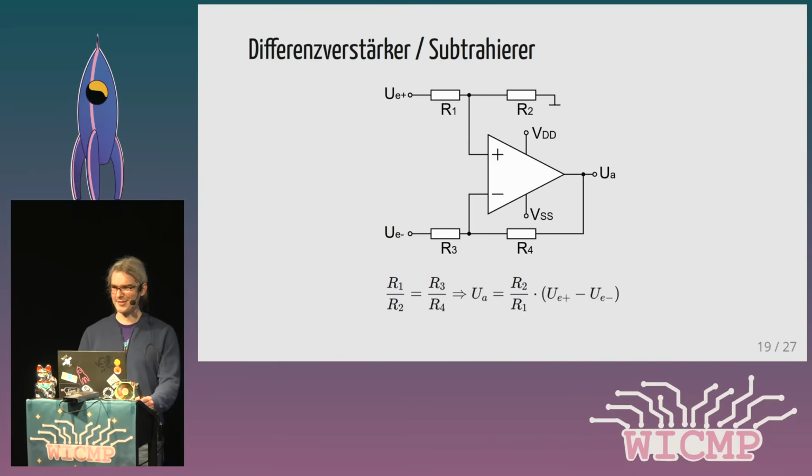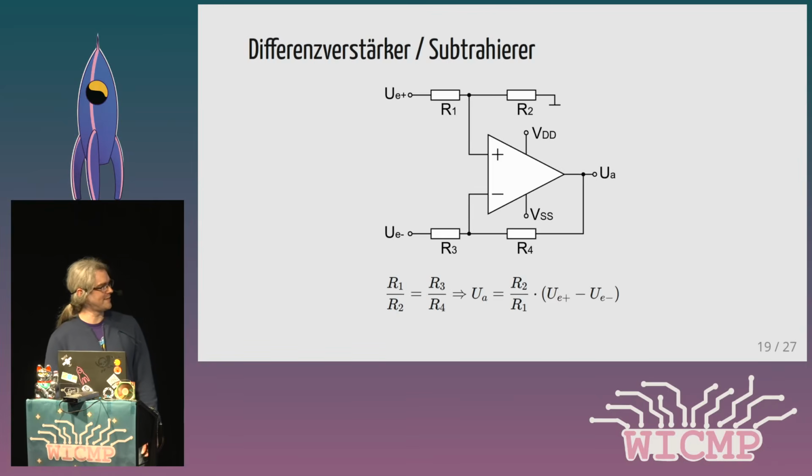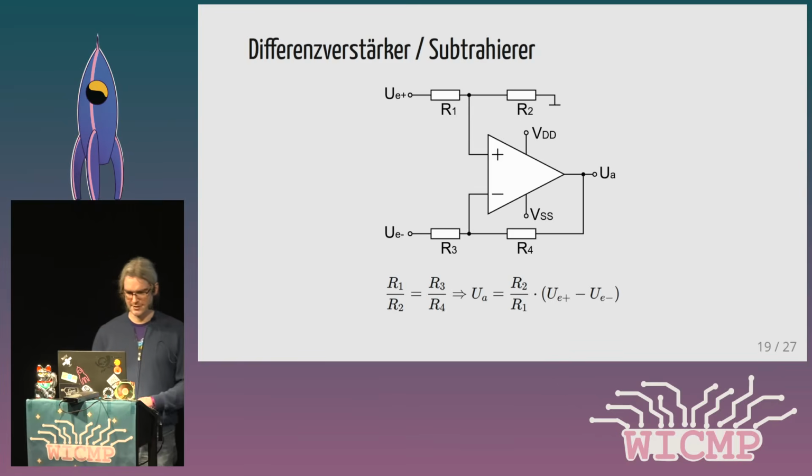For this, very shortly, this is a subtractor circuit. I will not be going into detail too much on this. Basically, if the difference between those two resistors and the bottom two resistors, you have a relatively simple formula which gives you the ratio of the resistances in this path, which is dependent on the difference between the input voltages.